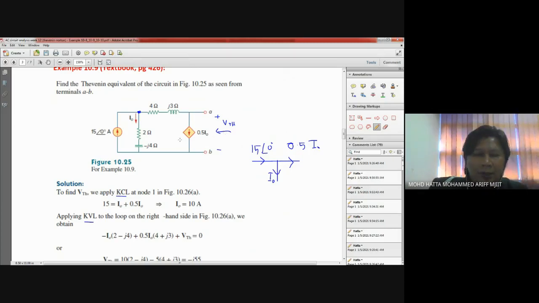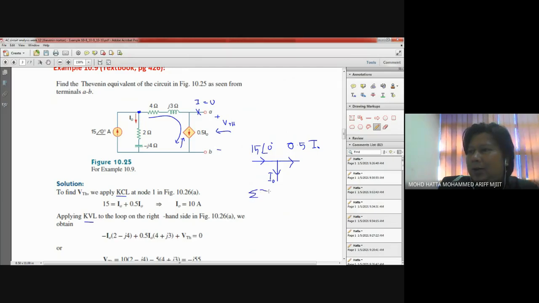Because if you recall the definition of open circuit terminal, if this is an open circuit terminal, the current over here is 0. And all the current flowing through this part is due to this dependent current source.